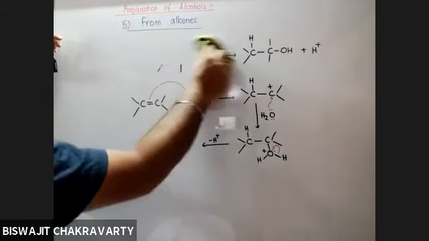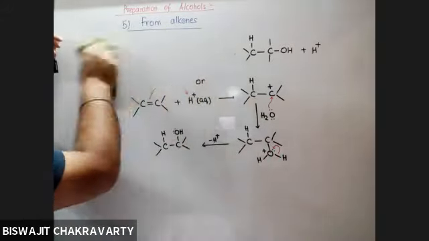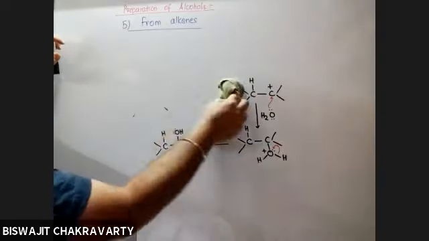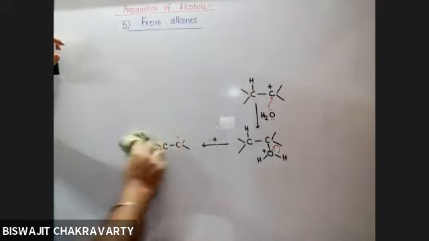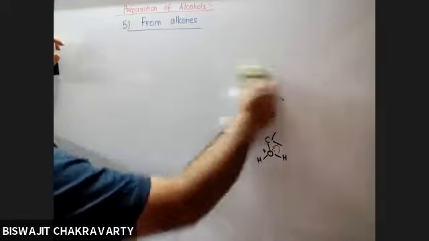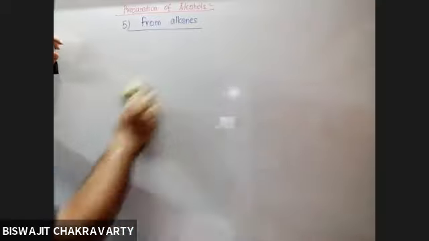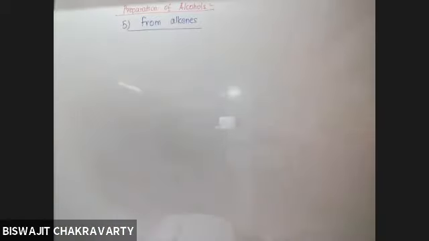Now let us see what happens when the alkene is unsymmetrical. Suppose we take propene and treat this with water in acidic medium.